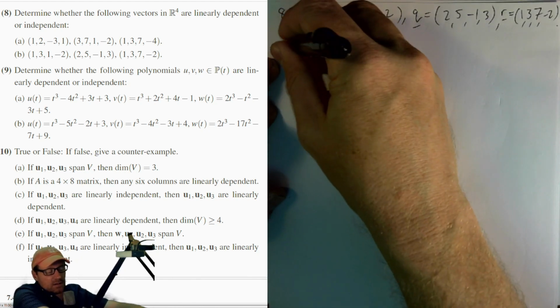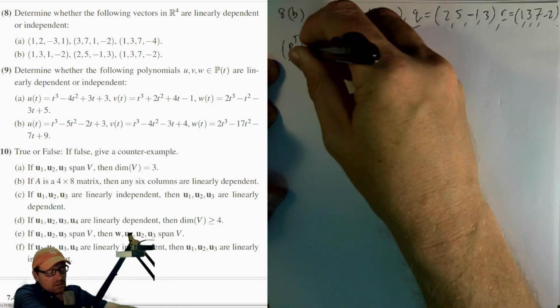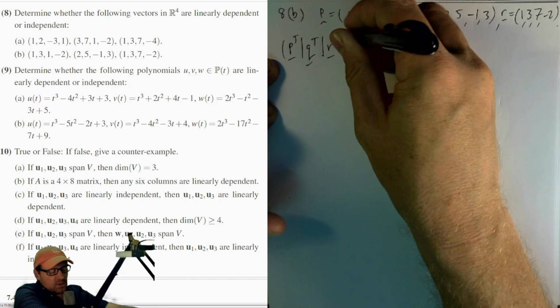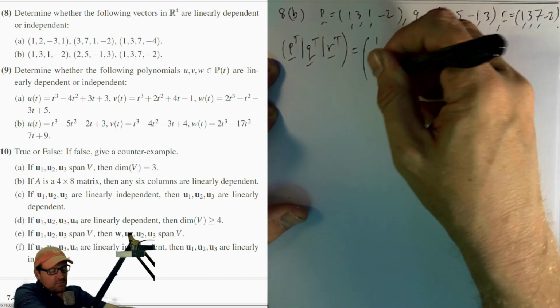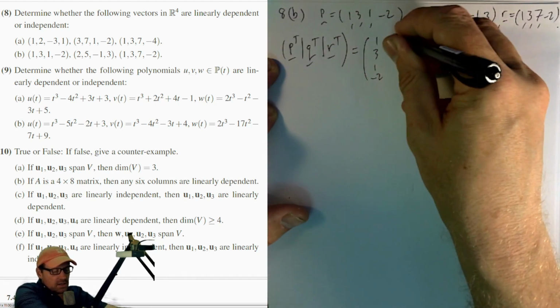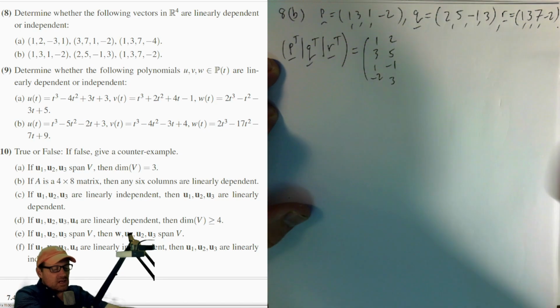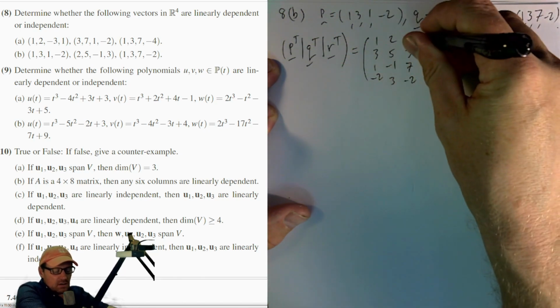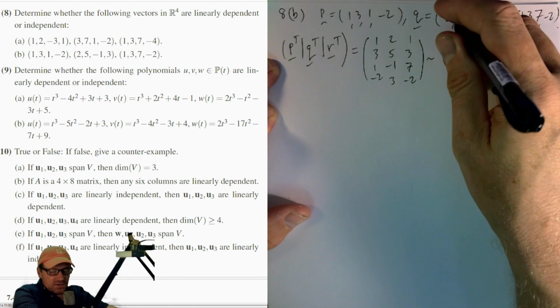So if we take P transpose concatenated with Q transpose concatenated with R transpose, then we have 1, 3, 1, minus 2 in column 1, 2, 5, minus 1, 3 in column 2, 1, 3, 7, minus 2 in column 3, and row reduce this.